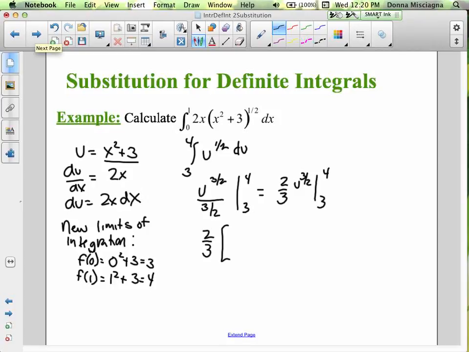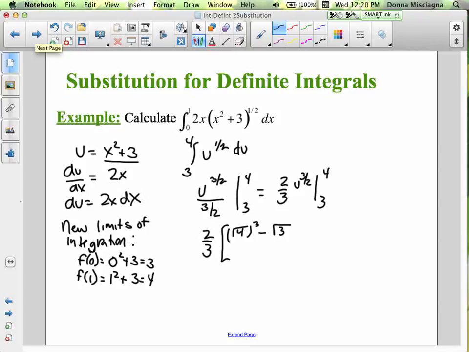So 2/3 times 4 to the 3/2 power. It's easier for me to write the square root and then cube that. And then minus the square root of 3. That's not a very nice number at all, but it is what it is.